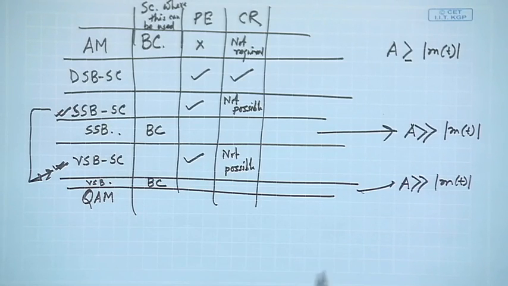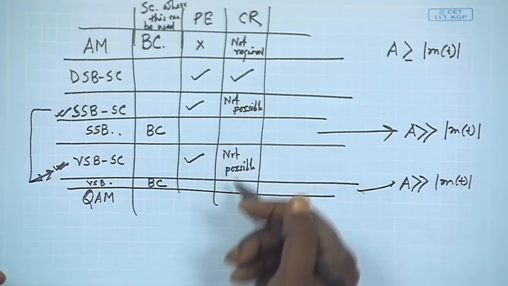They are also energy efficient because I am not putting a carrier in, but I cannot really do carrier recovery from them. From the transmitted signal I cannot extract the carrier. So I will probably have to separately transmit a pilot carrier along with them if I wish to do demodulation properly. That is an additional headache.